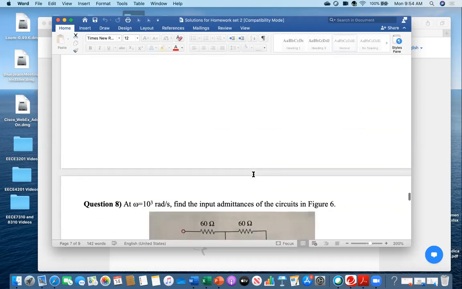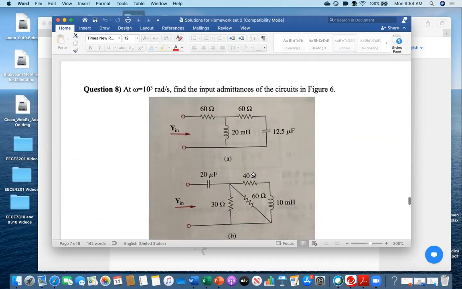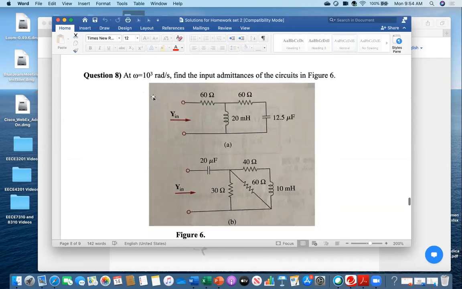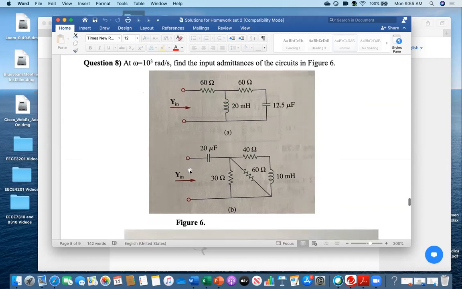Okay, then moving forward, this one. At omega equal to 10 to the power 3 radian per second, find the input admittances of the circuits. Now you see, you are looking from here. So when looking from here, what will you be noticing? Definitely you are noticing this one.